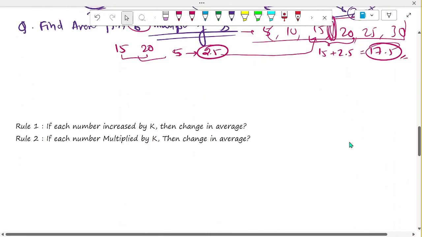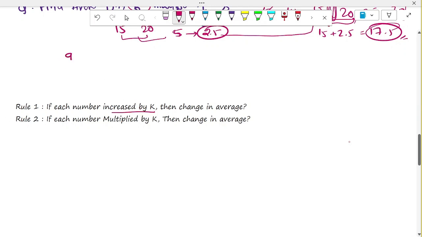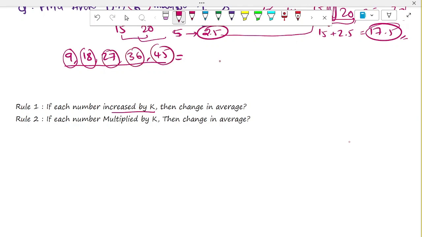Now we have got two rules. We have got a series that we had just before: 9, 18, 27, 36, 45. While solving this one, you can clearly see that each number is multiplied by 9 if it is 1 plus 2 plus 3 plus 4 plus 5 divided by 5.